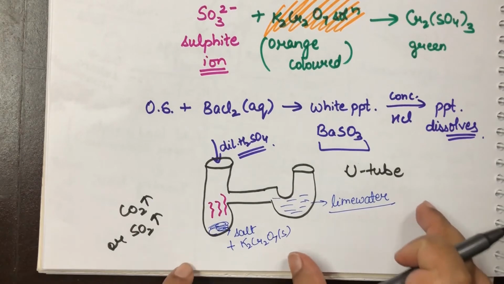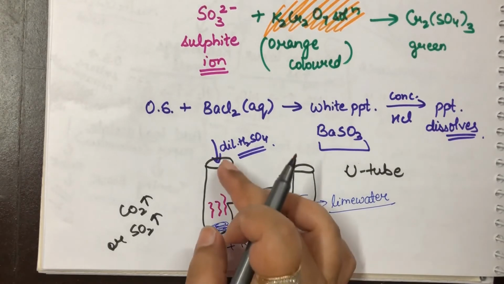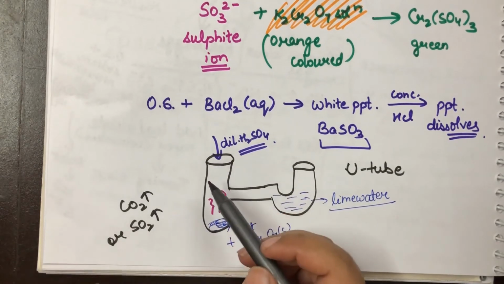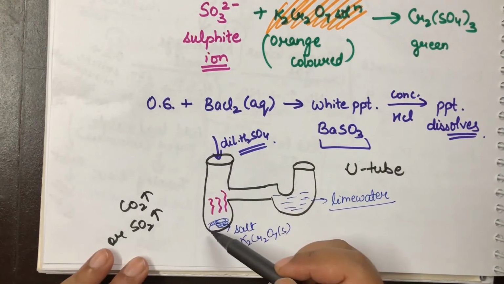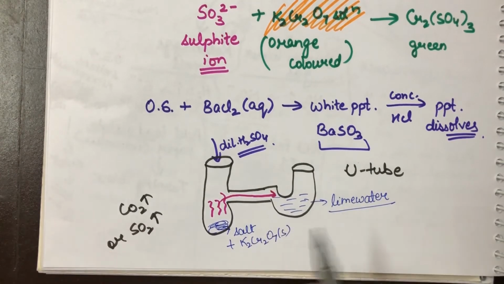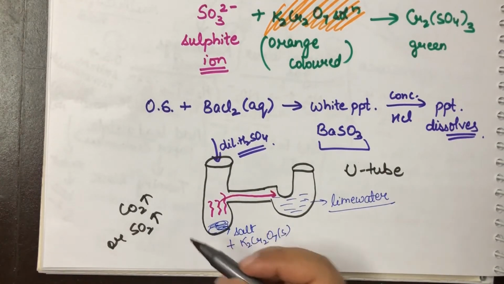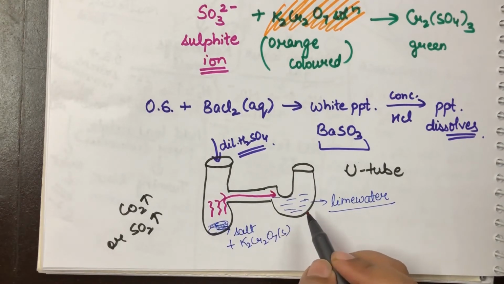This is only a confirmatory test once you have detected that one of the anions of the dilute H2SO4 group is present. So now this gas will rise up as soon as you add dilute sulfuric acid. Now these gases will start passing from here to the right side. If it was carbon dioxide or sulfur dioxide, both we know turn lime water milky.